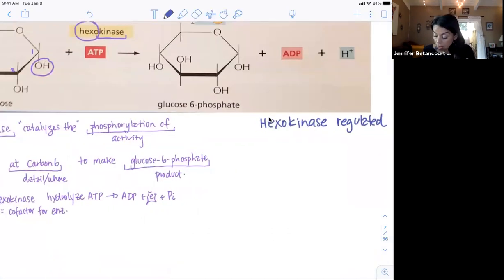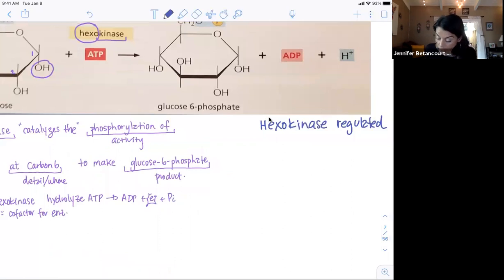Okay? And it's a pretty stringent regulation, meaning that I don't know what the sensor is, but when you have reached certain thresholds, this enzyme is one of the key enzymes that gets regulated. If you think about it, this whole process of glycolysis and cell respiration is so that the cell makes more ATP.